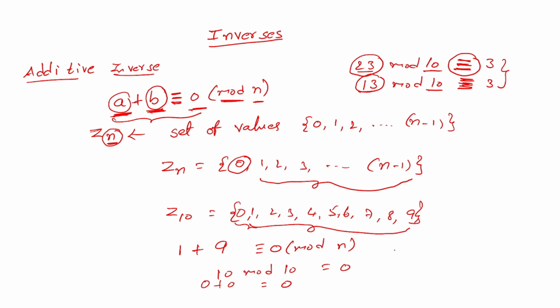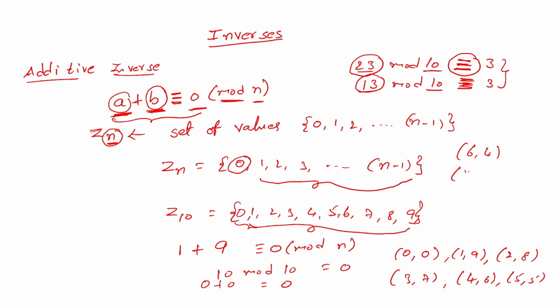Okay, so the pairs are 0 and 0, 1 and 9, 2 and 8, 3 and 7, 4 and 6, 5 and 5, and then 6 and 4, 7 and 3, 8 and 2, 9 and 1. 9, 1 is the same as 1, 9. 9 is the additive inverse of 1 and 1 is the additive inverse of 9.